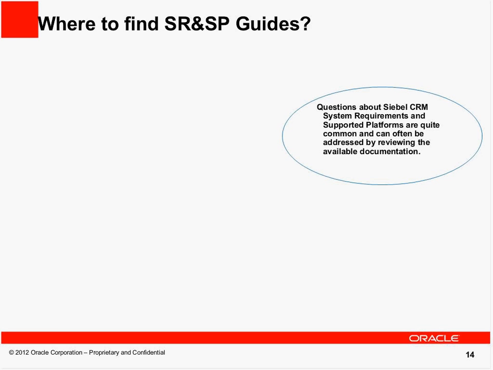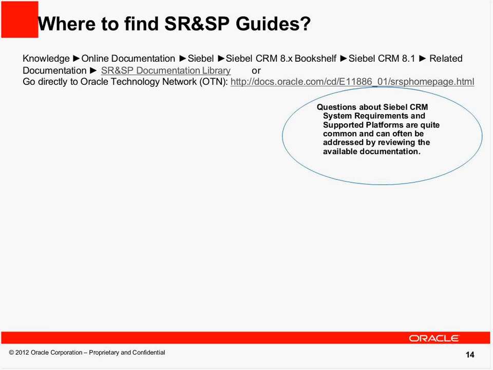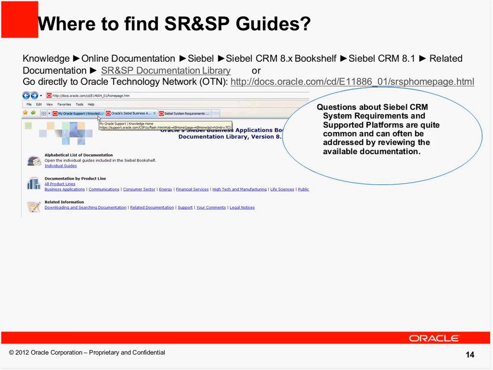Where to find system requirements and supported platform guides. Questions about Siebel CRM system requirements and supported platforms are quite common and can often be addressed by reviewing the available documentation. To access the system requirements and supported platforms guides, you use the same access as the bookshelf. We'll open the documentation library page.